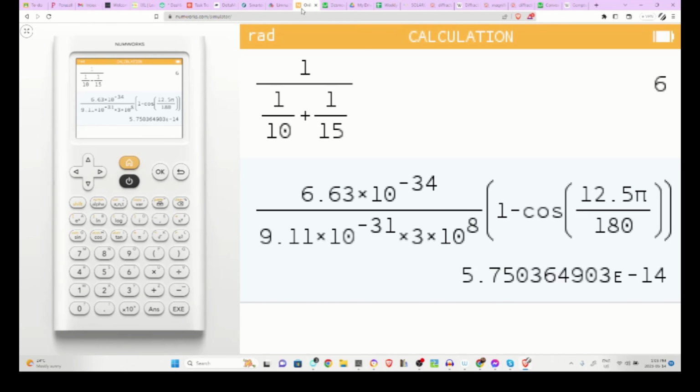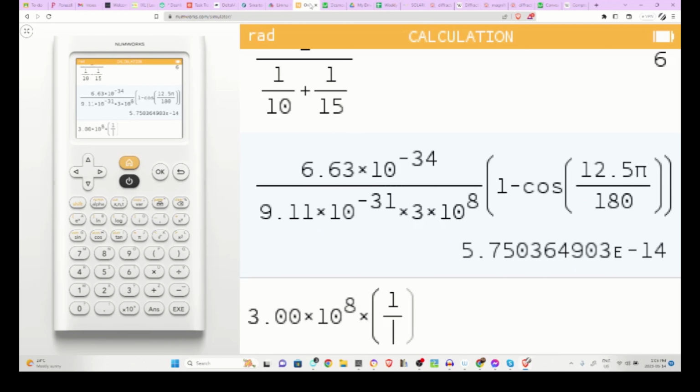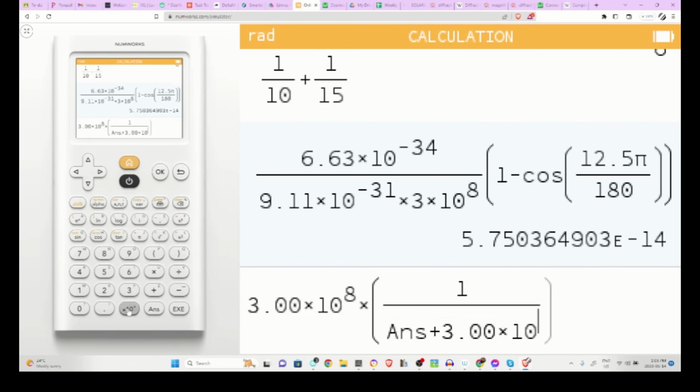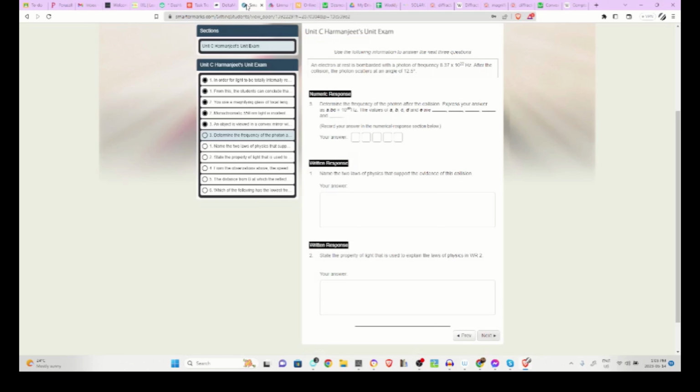Okay, so this is going to be 3.00 times 10 to the 8 times, we open the brackets, and inside the brackets we have 1 over our answer plus 3.00 times 10 to the 8 over our initial frequency of 8.37 times 10 to the 22.